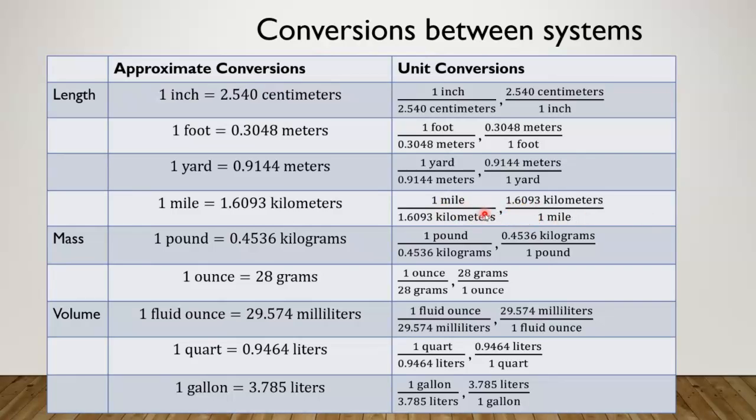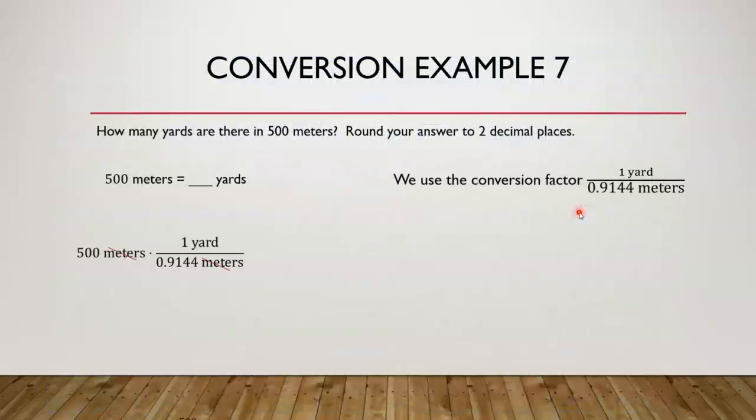But you start out in kilometers, you end in miles, right? So we're going to have to use this one. I mean, if you did try multiplying by this one by mistake, your answer would be kilometers over miles. Your answer would not be in the right units, and that's how you would know you're wrong.